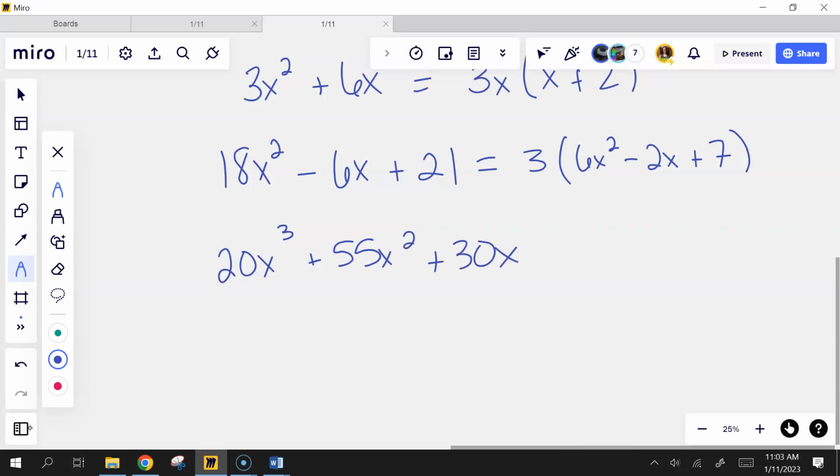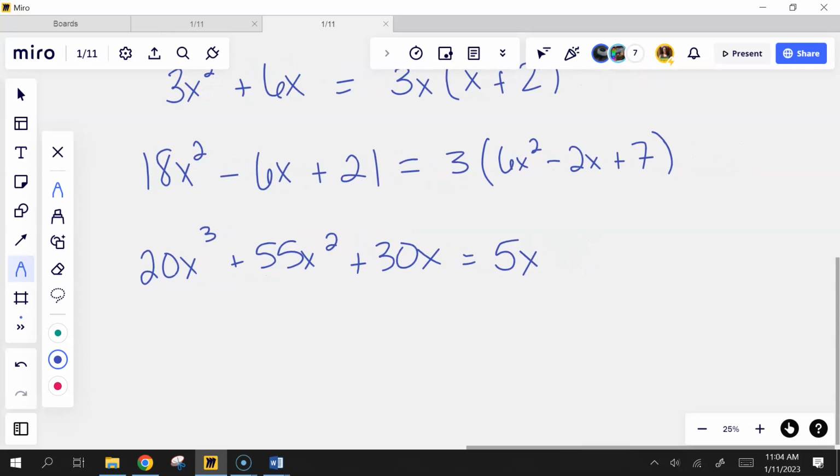Does it have a GCF? 5, not just 5. 5x, because everybody's got an x to give. Undistribute that. GCF it. Take the GCF out. 5x. So what's left?